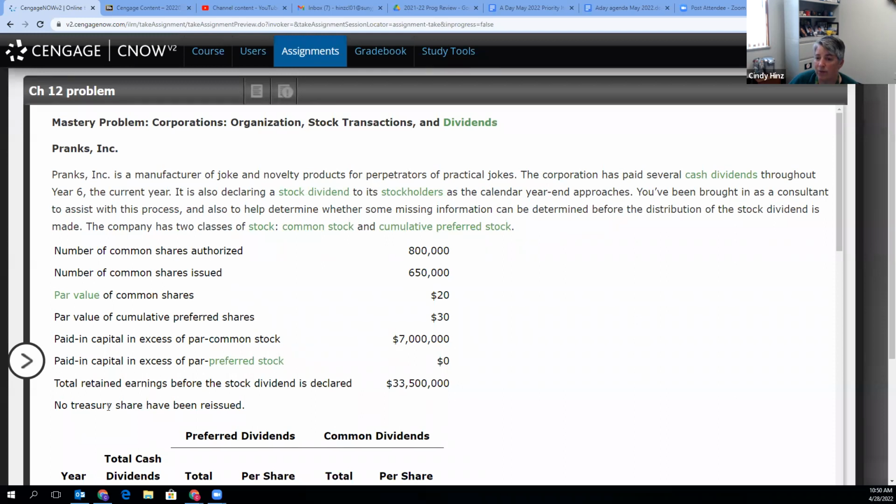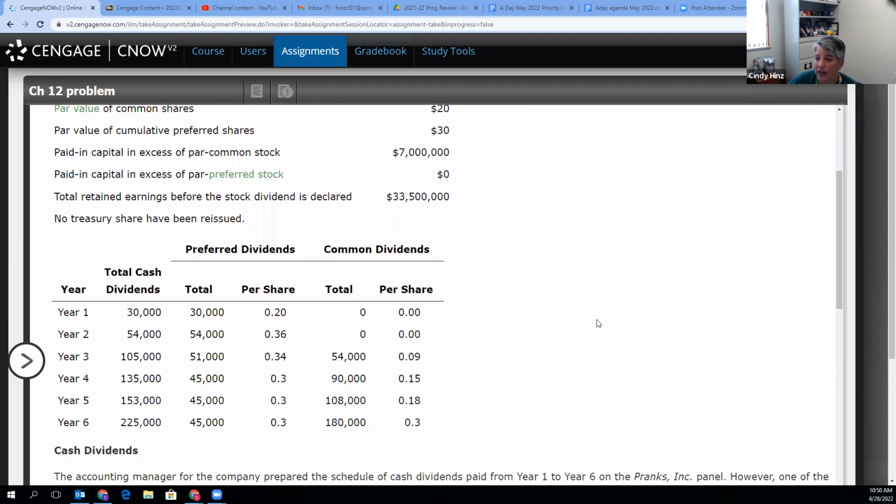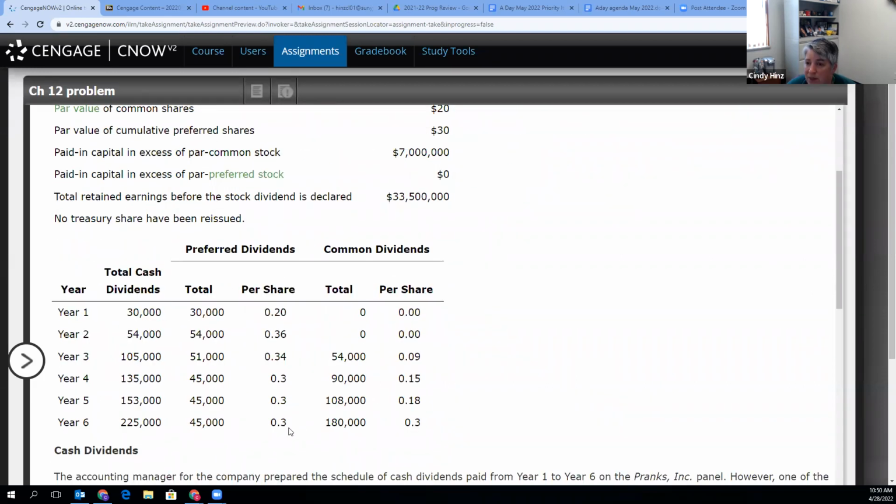No treasury shares have been reissued. So we have a table there that shows us how much has been paid in dividends over the first 5 years, and now we are in year 6. So they have paid some dividends in year 6 as well.